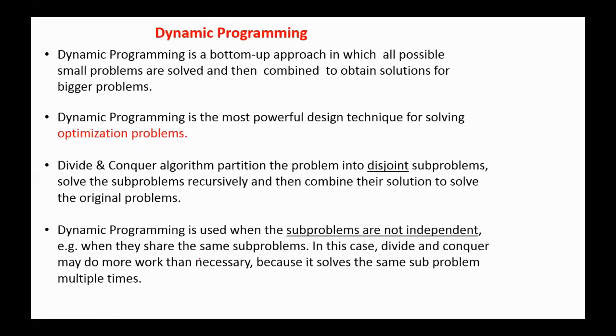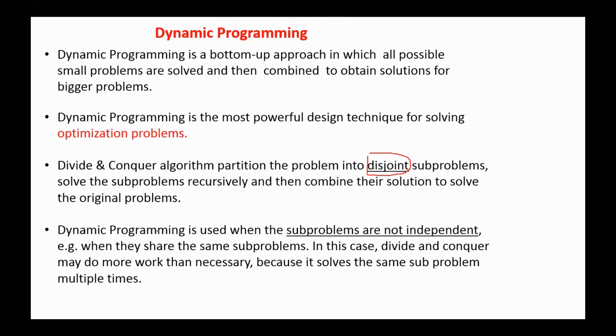The main difference between dynamic programming and divide and conquer strategies is that in divide and conquer, the problem is partitioned into disjoint subproblems. Then these subproblems are solved recursively and the solutions are combined to solve the original problem.